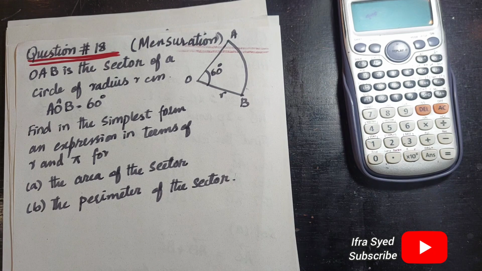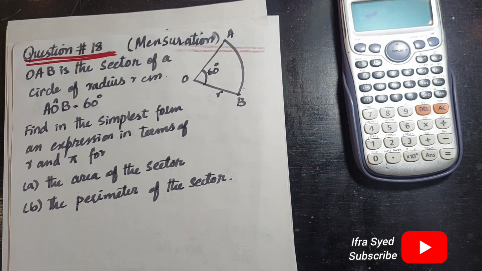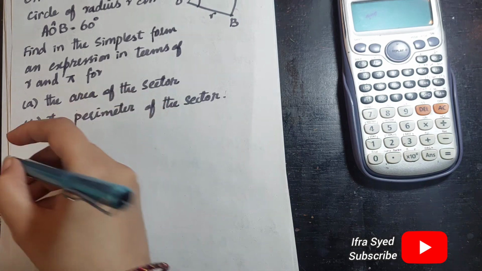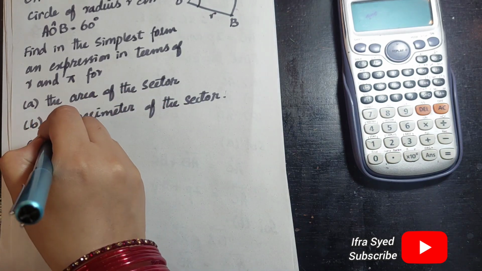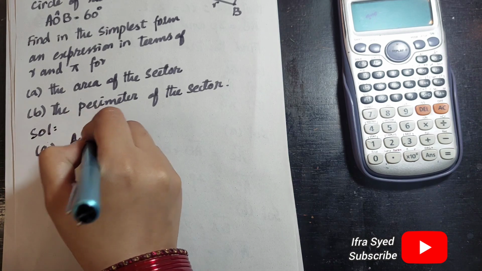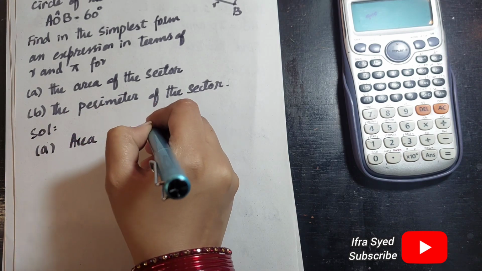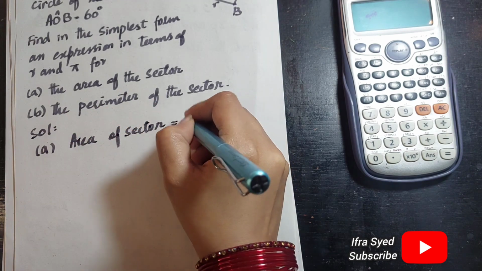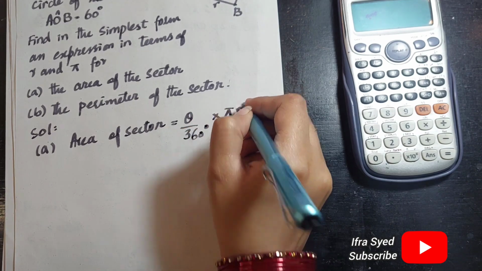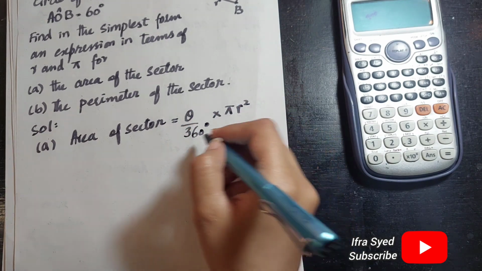Let's write the formula of the area of sector. So first, let's start its solution. The formula of the area of a sector is equal to theta divided by 360 degrees multiplied by pi r squared.